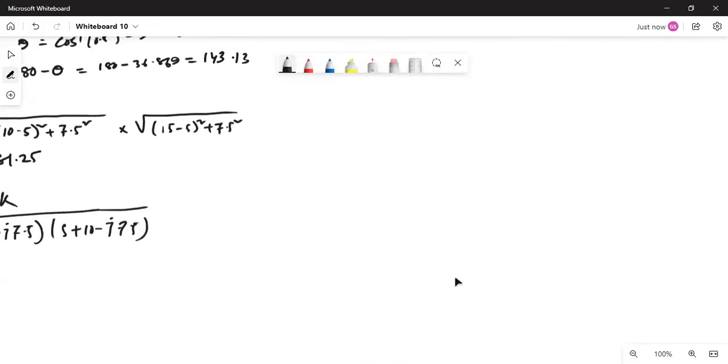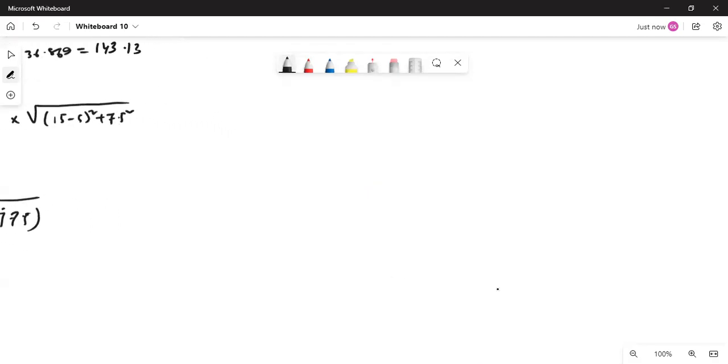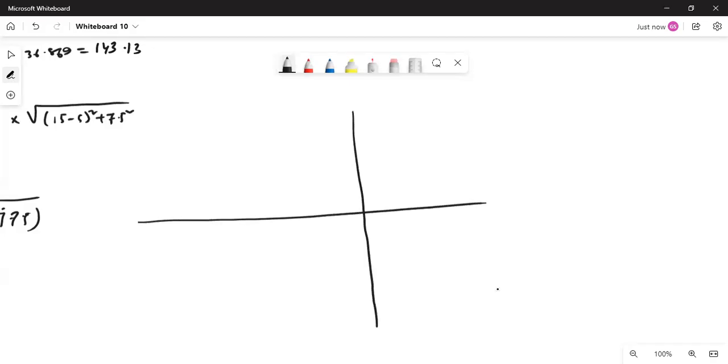Okay, so let's draw it somewhere here. So 3 locations we already have: the pole at the origin, minus 10 plus J 7.5, and minus 10 minus J 7.5. The zero will not come because the zero is not a function of the closed loop transfer function. We already plotted that one.